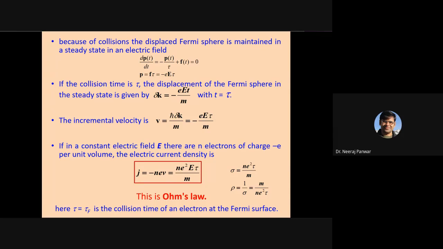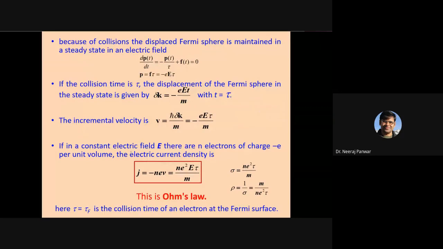If the collision time is tau, the displacement of the Fermi sphere in the steady state is given by delta k equal to minus E times t divided by m, and we can replace this t with tau. The incremental velocity, as momentum is equal to mv equal to h cross delta k, would be equal to minus e tau upon m. This is what we get here.